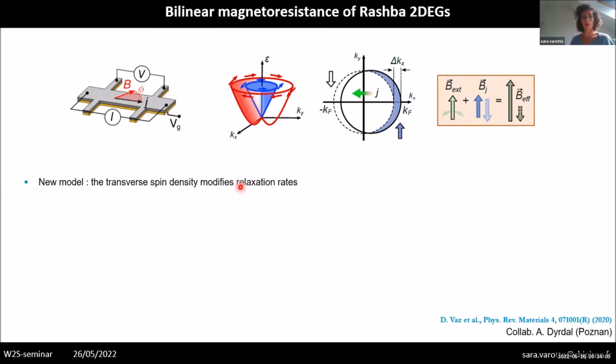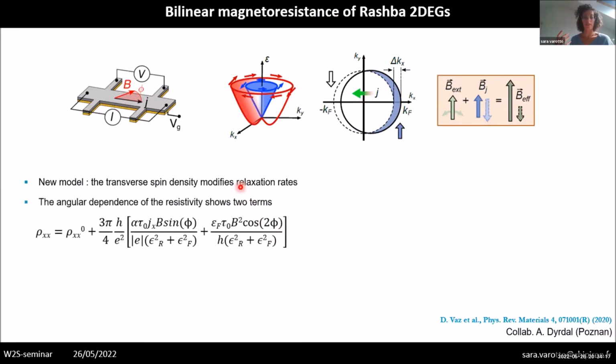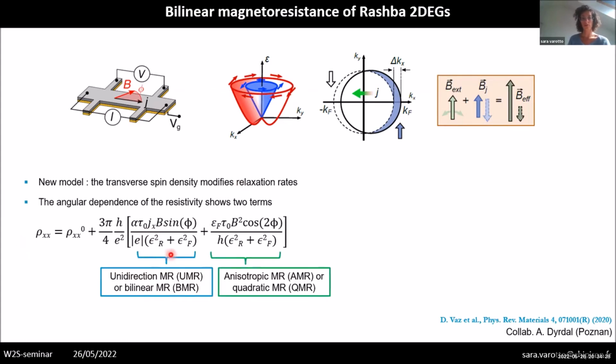So according to the model, the relaxation rates of the spin up and spin down carriers are different depending on this, are modified. And the resistivity is predicted to have some angular dependence with respect to the magnetic field. And in fact, in the resistivity formula, we have two terms. The first term is called unidirectional or bilinear magnetoresistance.